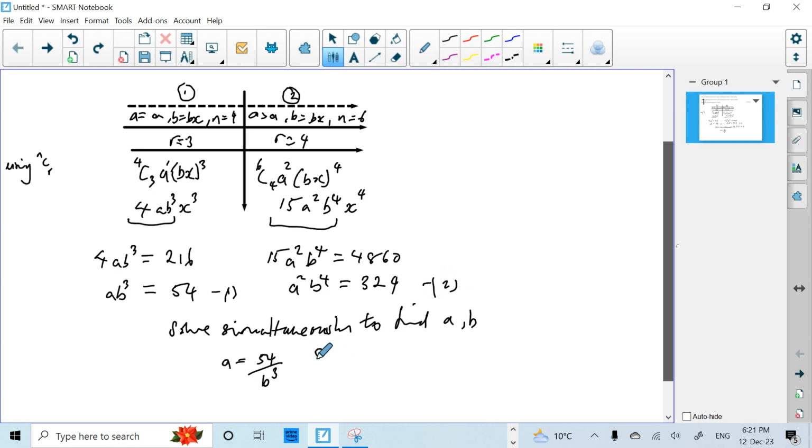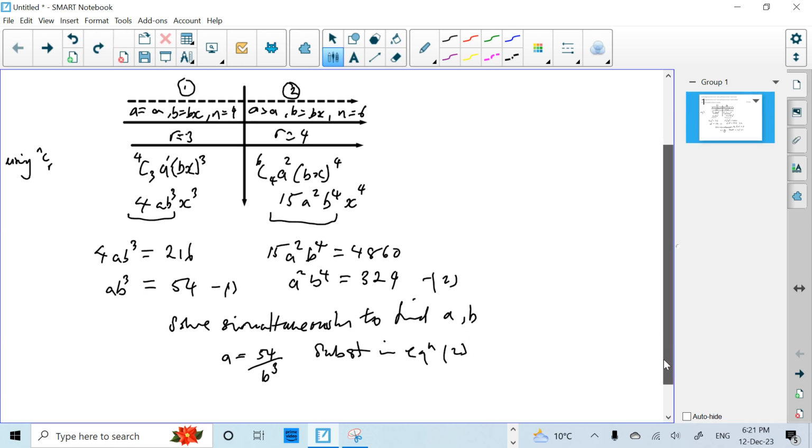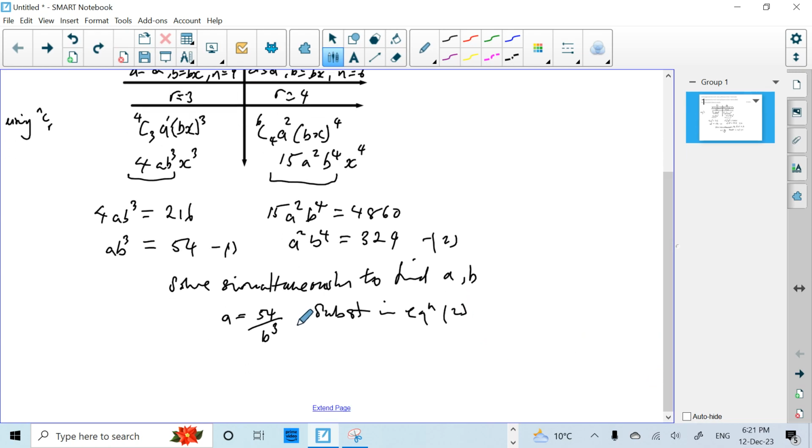Substituting into equation 2, what am I going to get? I'm going to get 54 over b cubed, all squared, times b to the 4, which is equal to 324.